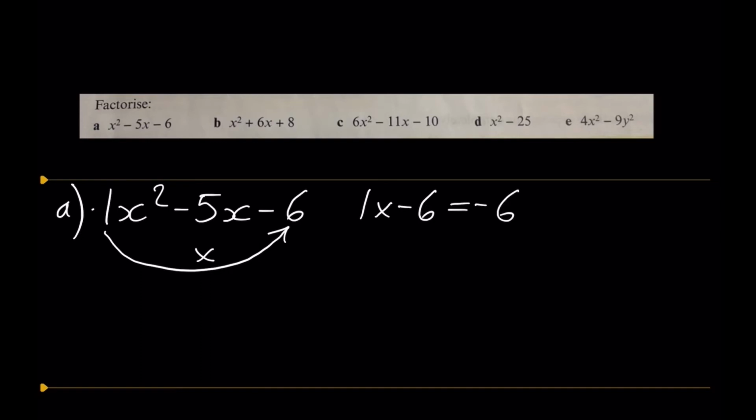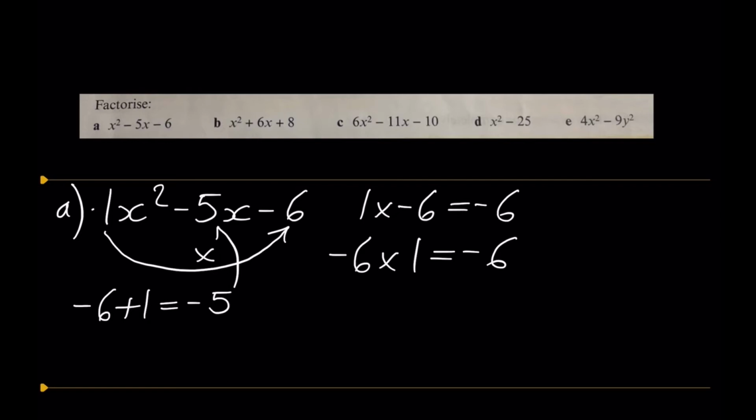So what two numbers multiply to give us minus 6 and add to give us minus 5? Those numbers will be minus 6 and 1. Minus 6 times 1 gives us minus 6, and minus 6 plus 1 gives us minus 5, as we can see there.